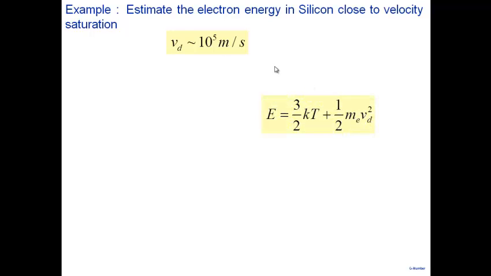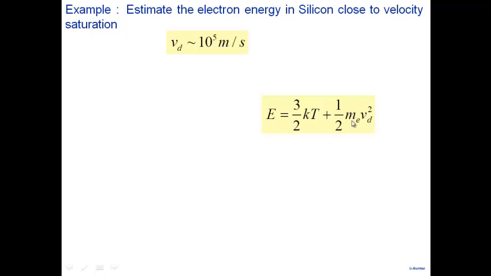Well, the energy of your electron will be the normal thermal energy, 3/2 kT, plus the energy it has gained from the field. A very simple estimate will be half m_e times Vd squared. That's the energy that it gains from the field. What does this total add up to? How energetic is my electron when I've reached this Vd? 3/2 kT, where kT, as all of you know, is 26 milli electron volt.